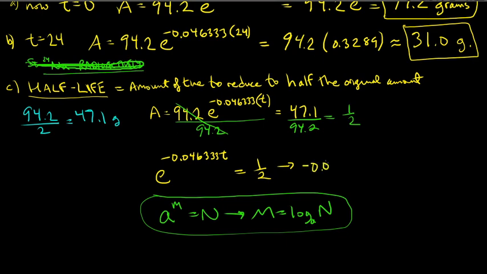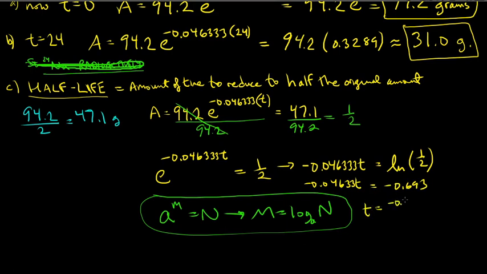So negative 0.046333 times t is equal to the natural log, log base e, of 1/2. And natural log of 1/2, I know, is about negative 0.693. So when you divide by this negative number, it's a negative divided by a negative. Oops. Sorry, that's supposed to be a 6, not an 8.